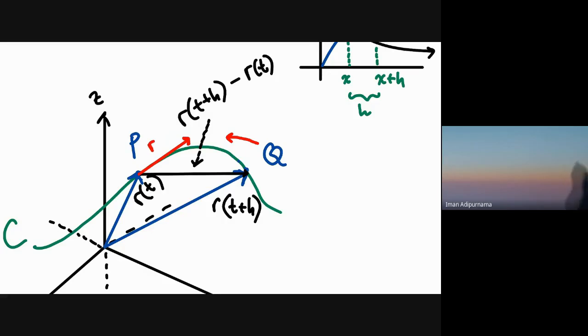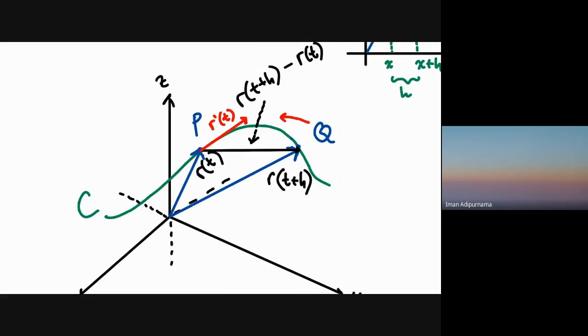So this is r prime of t. Basically, we are replicating what we have done in calculus 1, but we are changing the terms into vectors.